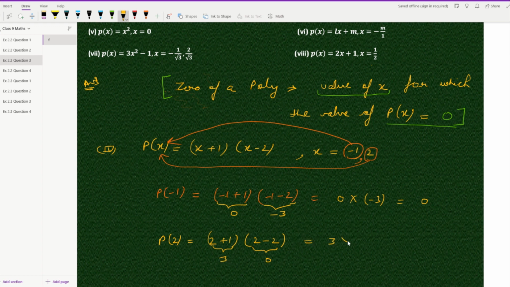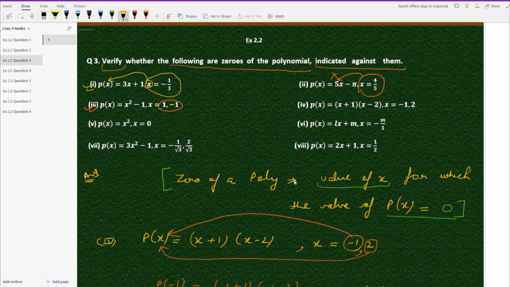So finally there will be 3 into 0, that is equal to 0. So in both the cases of x equal to minus 1 and 2, the polynomial is becoming 0. Therefore the values x equal to minus 1 and 2 are going to be the zeros of this polynomial.